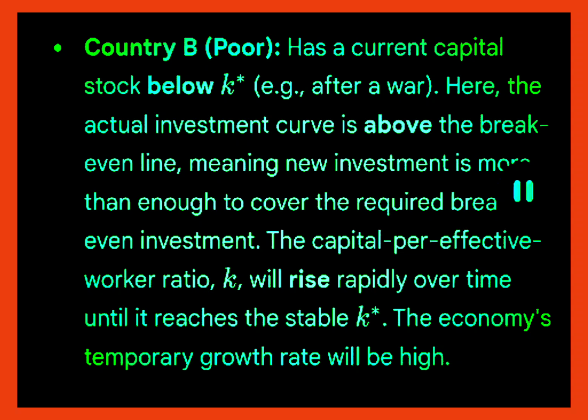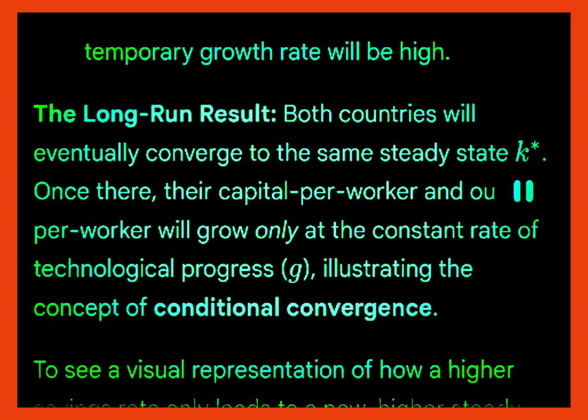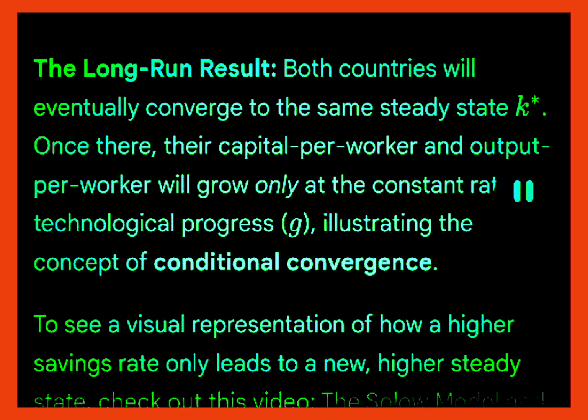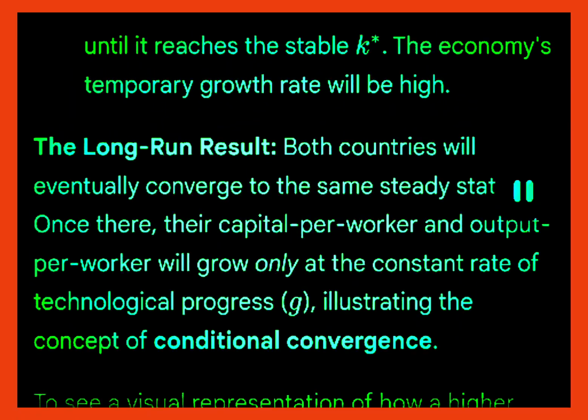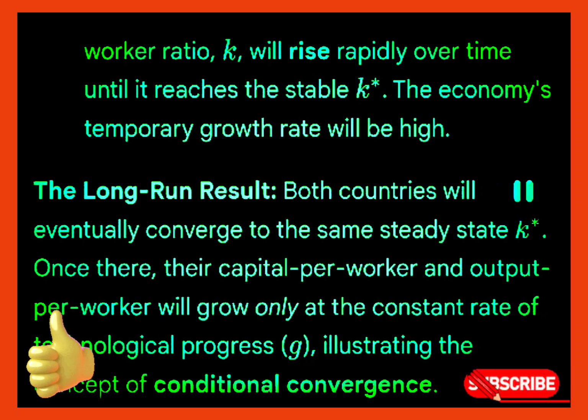The economy's temporary growth rate will be high. The long-run result: both countries will eventually converge to the same steady state k*. Once there, their capital per worker and output per worker will grow only at the constant rate of technological progress, g, illustrating the concept of conditional convergence.